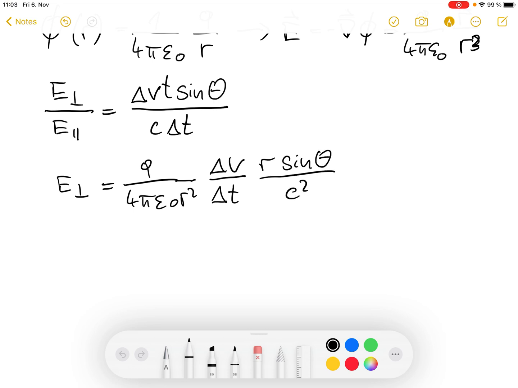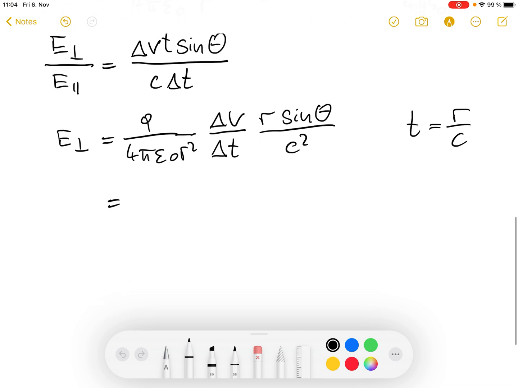That's just by means of inserting, and we also used t equals r over c. So we can write this further as q v dot, that's the acceleration, times sine theta over 4 pi epsilon 0 r c squared. Good. It is important here to note that the perpendicular component falls with 1 over r.